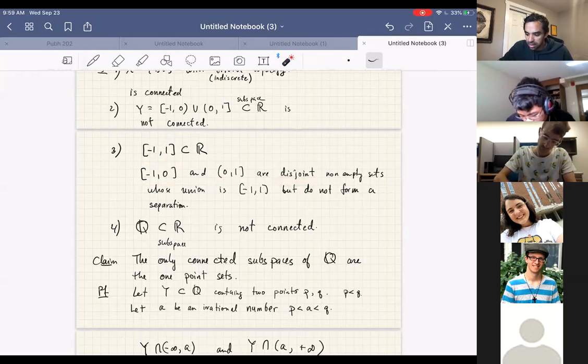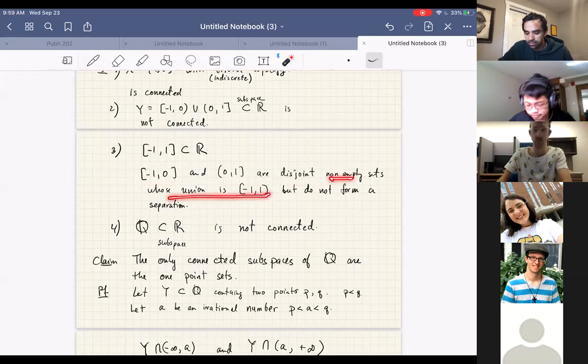They are non-empty, and their union is -1 to 1. However, they do not form a separation, right?